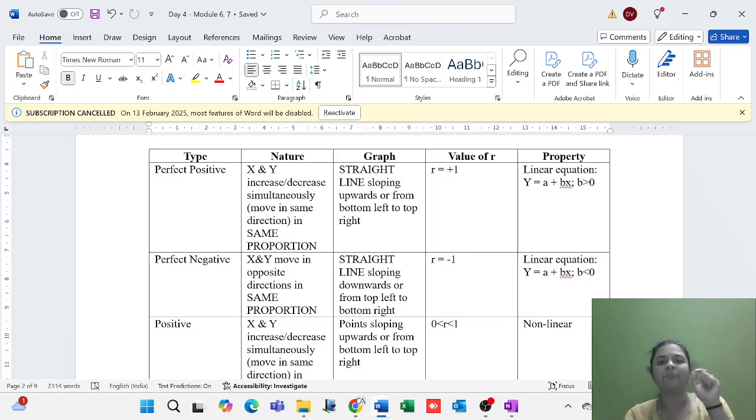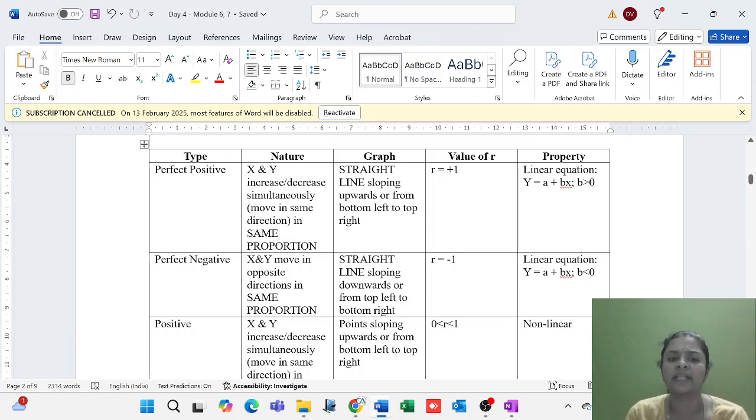Now when the word perfect is used, it means that the proportion of change between the two variables is the same. And when the word only positive or negative is used, it means that there is a movement but the proportion is different.